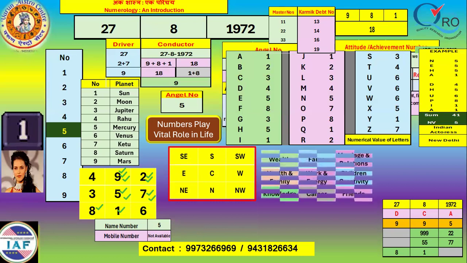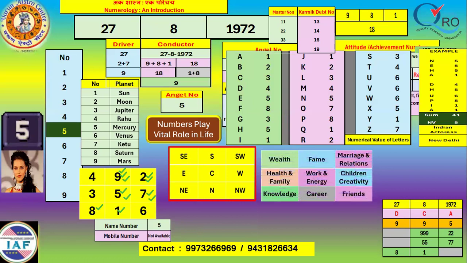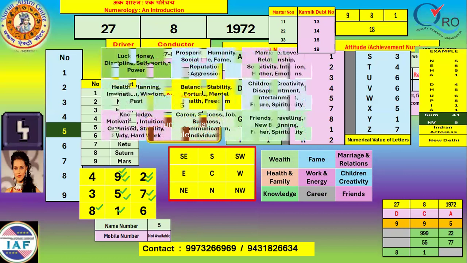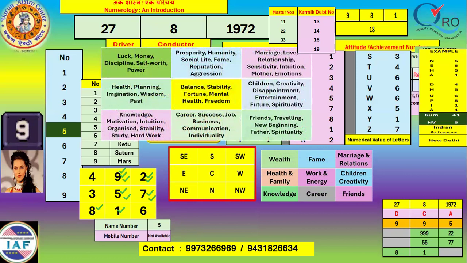The impact of the numbers are on wealth, health, and family, and friends, including father. Broadly speaking, luck, the native does not enjoy the luck, money, discipline, self-worth, and power. Because of 3, health, proper planning, imagination, wisdom, etc. is not there with the native.